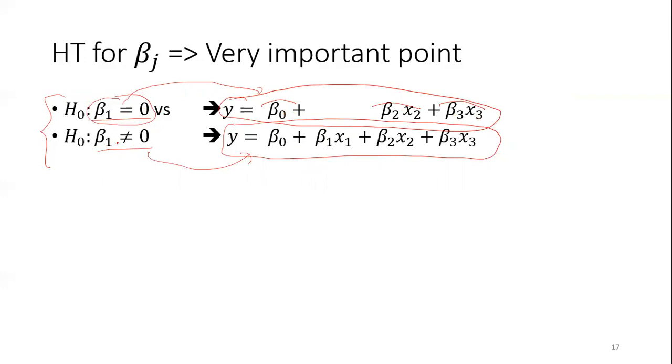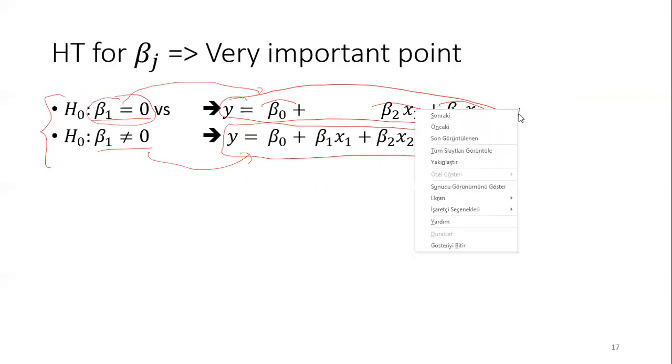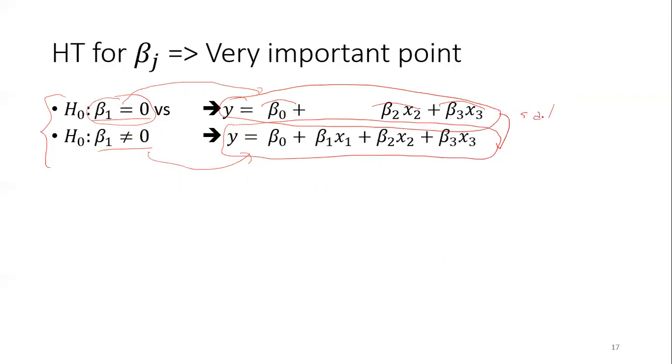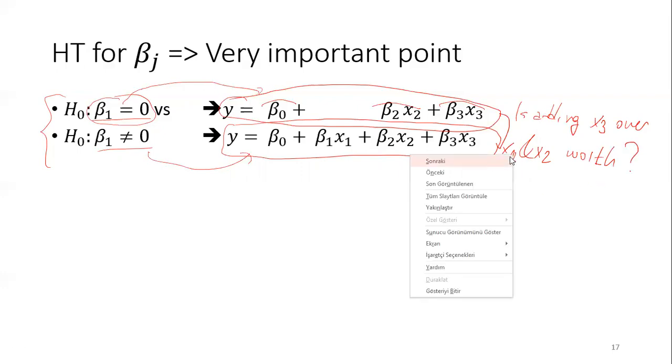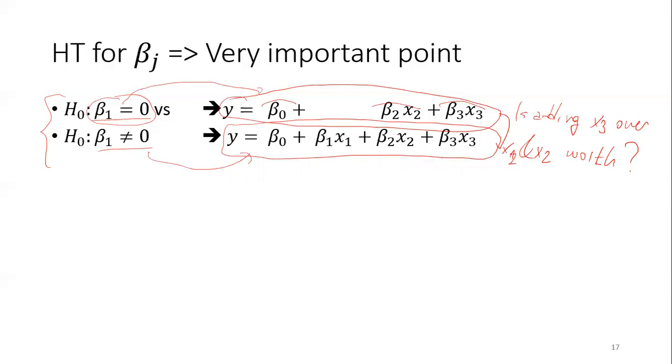So what you do in the hypothesis testing is ask whether adding x1 over existing x2 and x3 is worth it. Sorry, this is x2 and x3, so this is x1.